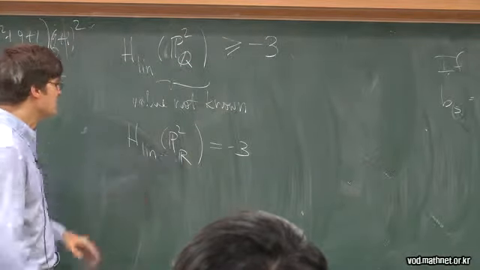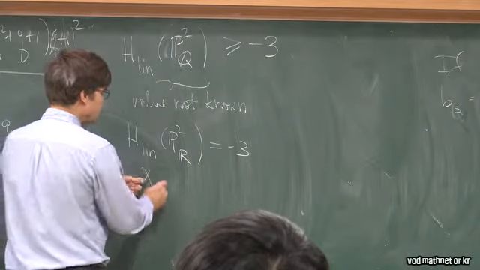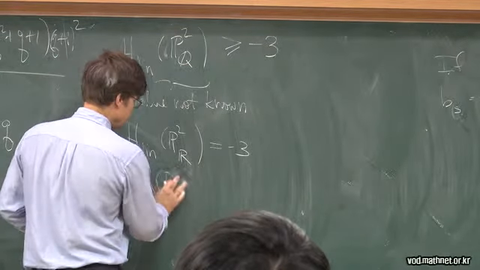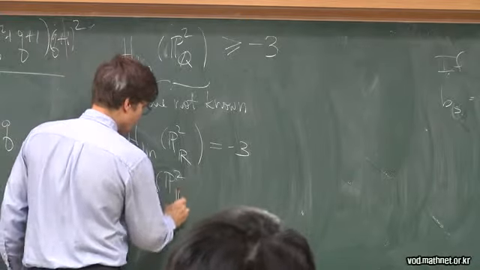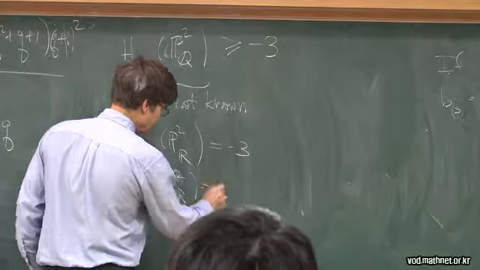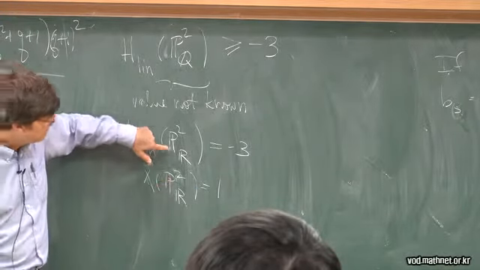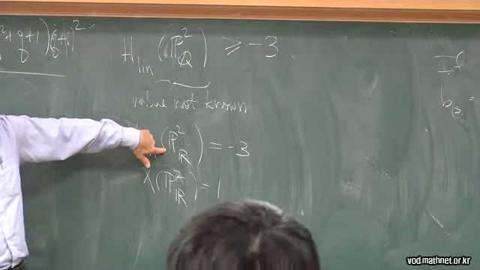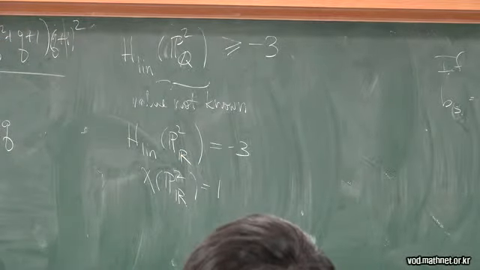This comes essentially from the Euler characteristic. The Euler characteristic of the real projective plane is 1. That implies this, it turns out. I don't have time to explain it. I was going to explain it, but I'm running a little short on time.